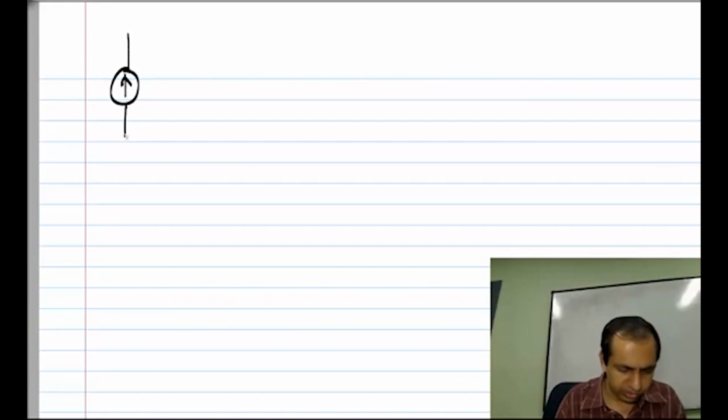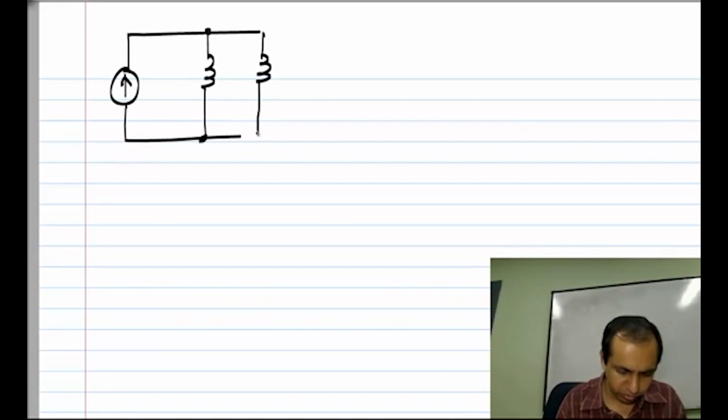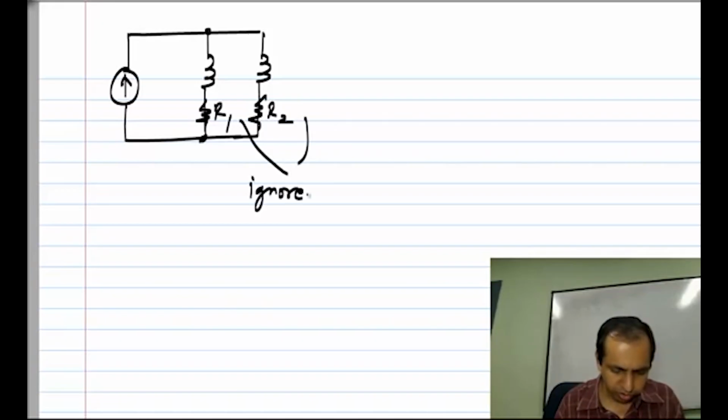So just like we ignored resistors in parallel with capacitors, in this case we can ignore resistors in series with inductors. So just for the calculation of current steps, whatever R1 we had here and R2 we had here, these two are ignored while writing KCL.